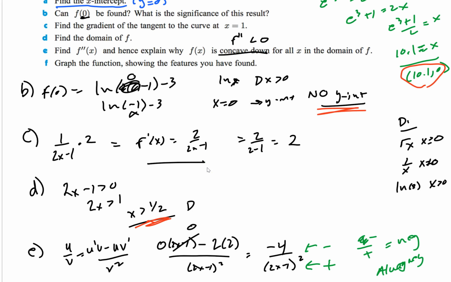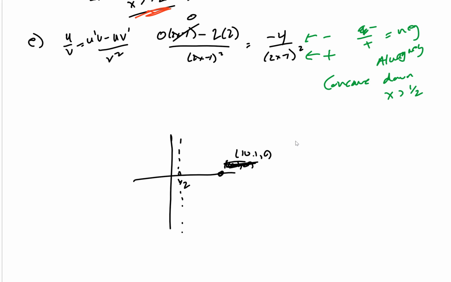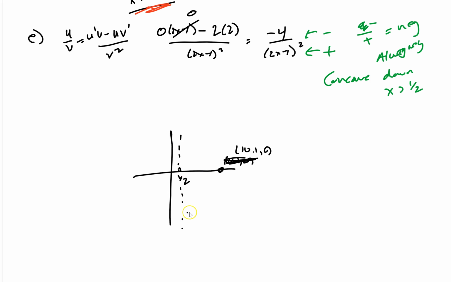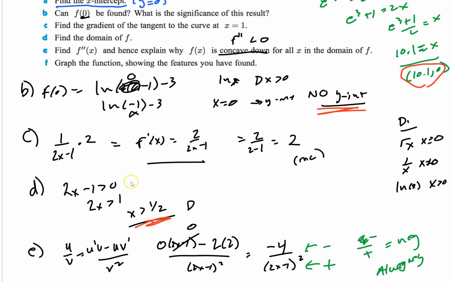We didn't find it, but it's also increasing. In our first derivative, when we plugged in 1, we got a 2, so that just means it's increasing, like we did a sign chart. So you can start down here somewhere. It's increasing and concave down, so it'll be something to this effect. And that's the idea. Again, I care less about that graph than I did about all this review stuff.